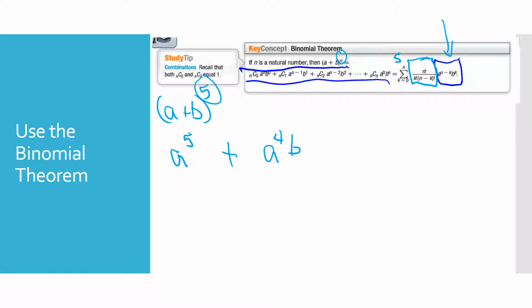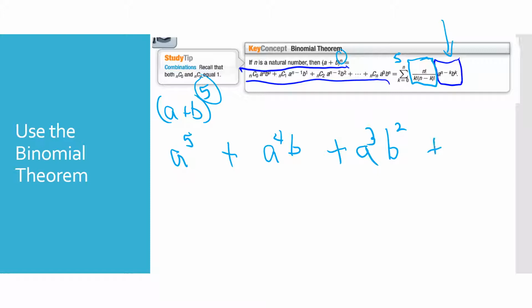Now, when k is 2, well, I got a raised to the power of 5 minus 2, so that's a cubed, and b squared. Remember, I'm taking k from 0 up to 5.